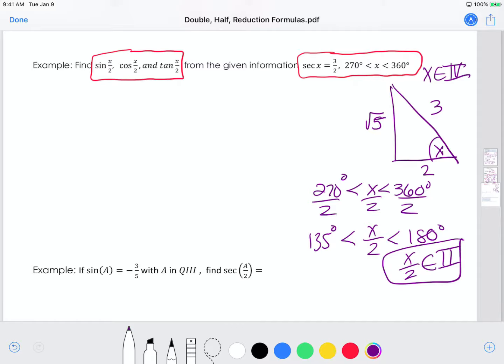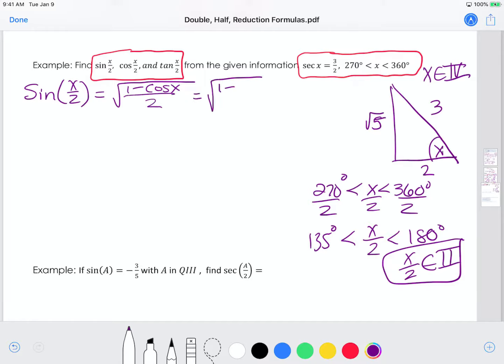Okay, so let's do sine first. Sine of angle x over 2 is going to be positive square root because angle x over 2 is in quadrant 2 and sine is positive. So we're going to use the positive square root of 1 minus cosine x all over 2.